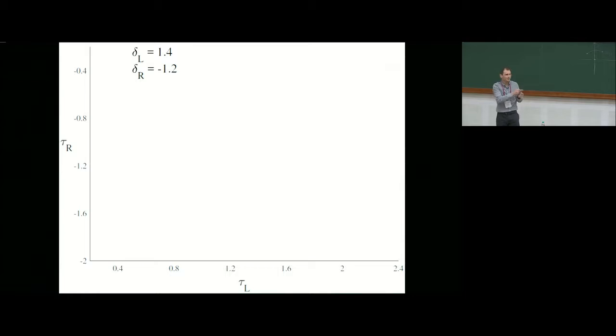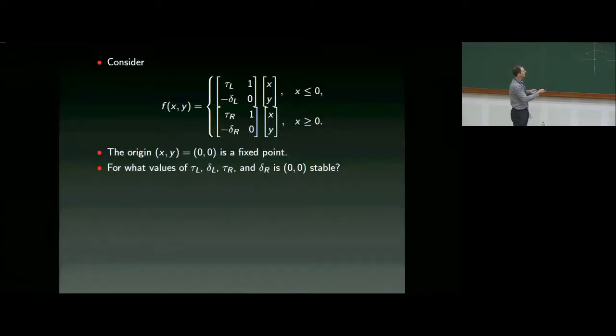Okay, so from the numbers I've given, it's not unreasonable for you to guess that the region of stability will be the empty set. But because these numbers, delta L and delta R, these are the determinants of these 2 matrices, I've chosen numbers that are both greater than 1 in absolute value, which means each piece of the map is area expanding.